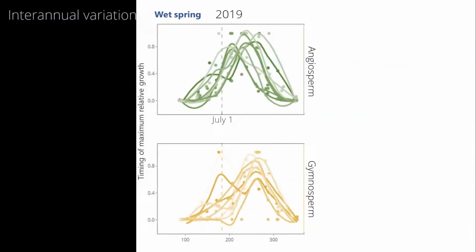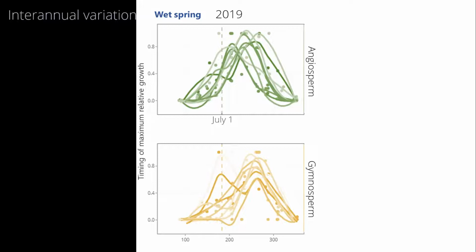We can't really do much quantitative with that at this point, but I do want to show you an anecdotal story, just comparing the year 2019 to the year 2021. I've split up my angiosperms and gymnosperms here, and this dotted line in all of them will be July 1st. In general, we see that in 2019, essentially all of our species had their peak root production around or well after July 1st, both angiosperms and gymnosperms.